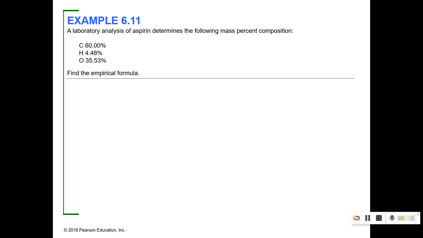Okay, now we have some that start as percentages. So we do the same process. All we do is take that percentage off and put on grams.